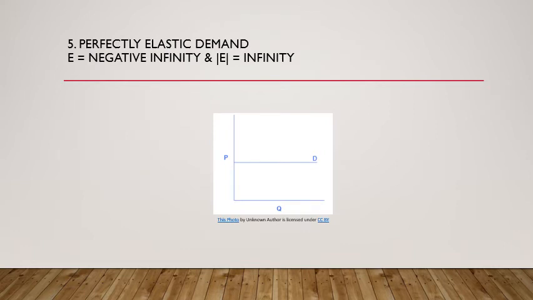Type number 5, perfectly elastic demand. So here we have the price elasticity of demand coefficient equaling, in mathematical terms, negative infinity. And in absolute value terms, equaling infinity.